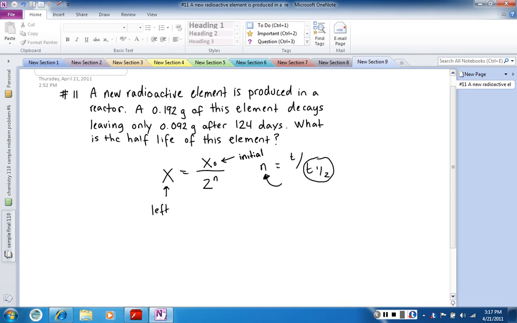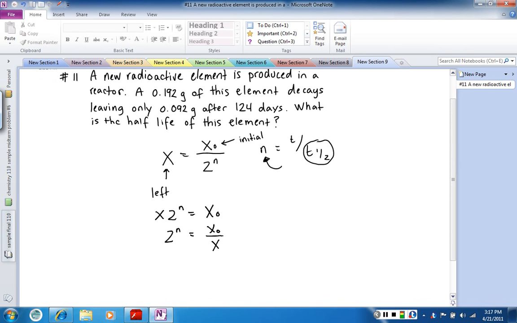So let's isolate n. If we multiply 2 to the n by both sides, we have x times 2 to the n equals x naught. Divide x by both sides, 2 to the n equals x naught divided by x.